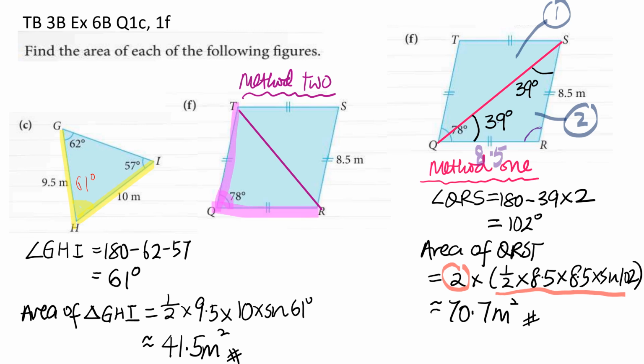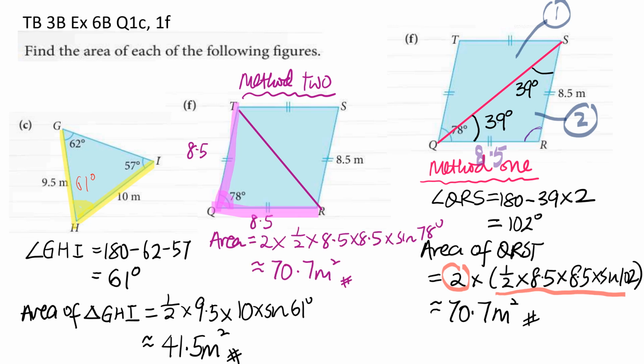We just concentrate on this triangle TQR. You're given the two sides 8.5, 8.5, and the included angle to be 78. So we can just find the area of this triangle TQR and then times 2. So you end up getting the same answer, but method 2 is the preferred method.